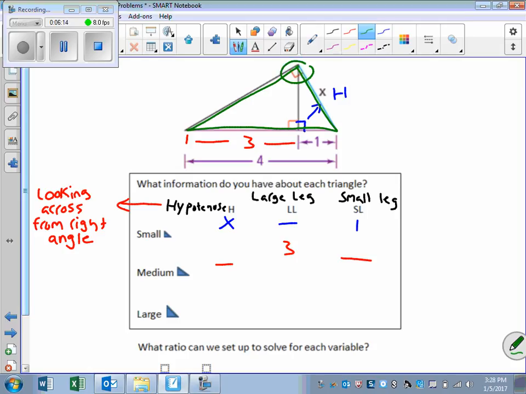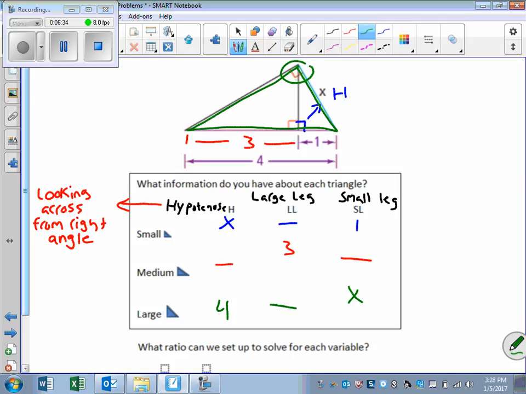So across from that is the hypotenuse. So we know that the hypotenuse of the large triangle is 4. We know that the small leg is x also, because it shares that side with the smaller triangle. And we don't know anything about the large leg, so I'm going to put a hyphen.